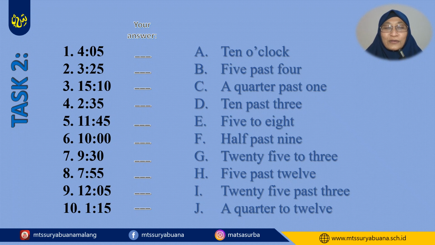So do you know the answer? 5 past 4, right? So the answer is B. Great. For number 2 to number 10, please do it yourself. Don't forget to prepare your pen and paper.